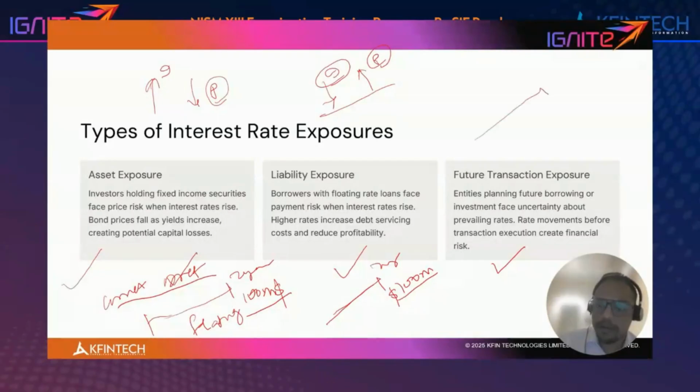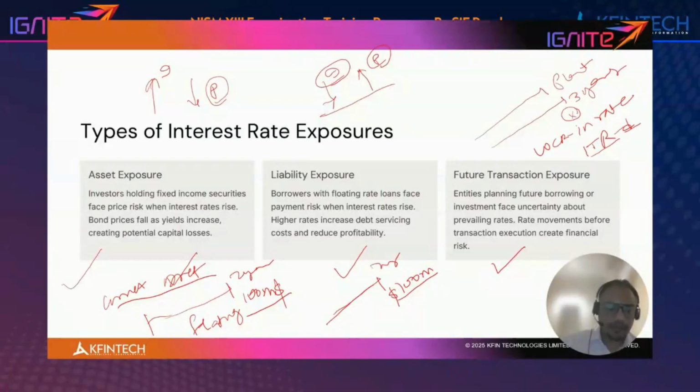Suppose I want to expand my plant and I want new machinery and I'm planning to borrow 2 or 3 years from now. At that time, I don't know what the rate will be. So I will lock in the rate today by entering into an interest rate derivative. These are the three types of exposures that interest rate derivatives will be used for.